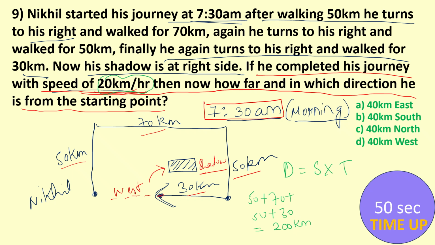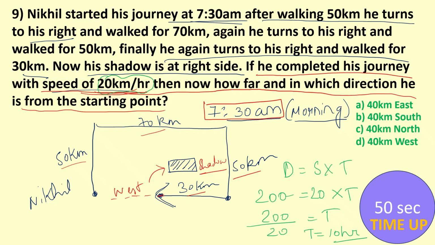So if the total distance is 200 kilometers, then what is the time? 200 is 20 into time, so time is 200 divided by 20, which is equal to 10 hours.